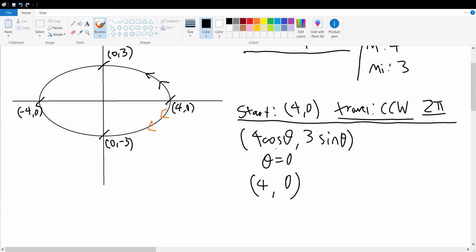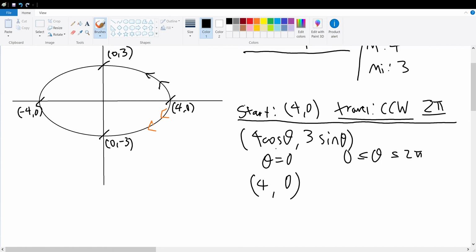This leads to our second point about parameterized equations, which is that they must have restrictions. In this case, theta must be between 0 and 2 pi, as we are starting from 0 and traveling a 2 pi rotation all the way around the ellipse in a counterclockwise fashion. When theta is equal to 0, it starts at 4, 0.